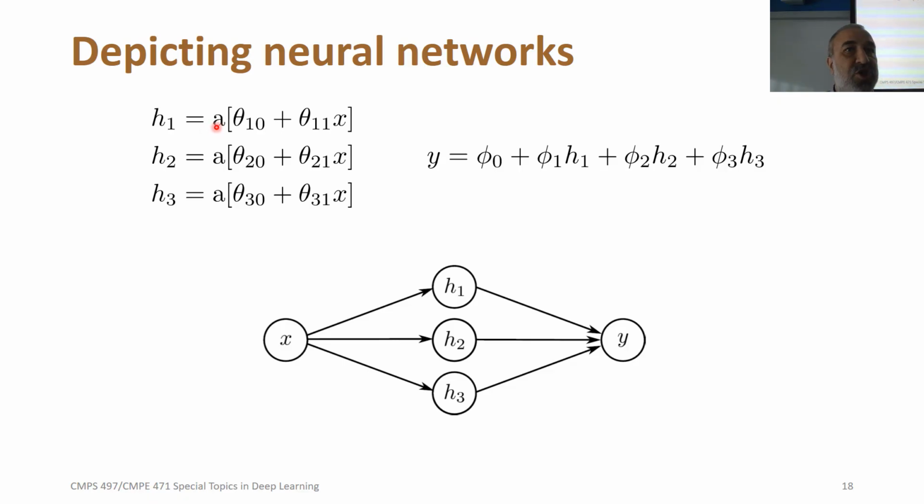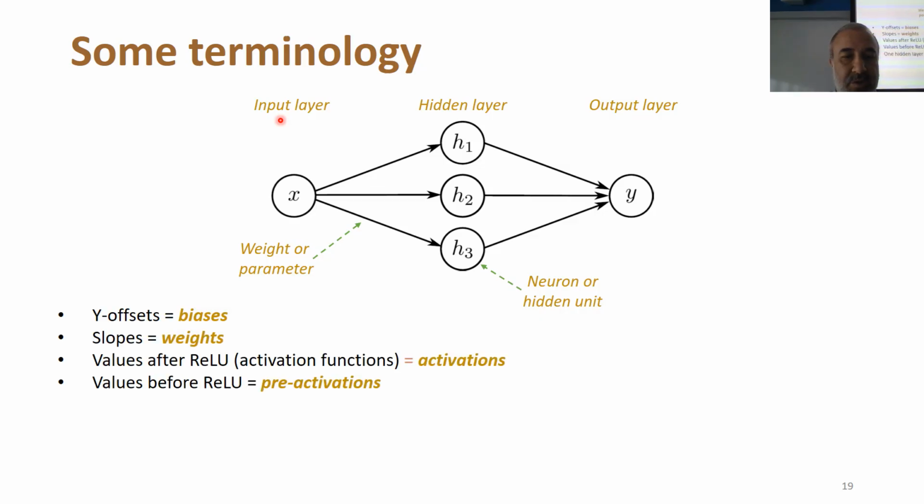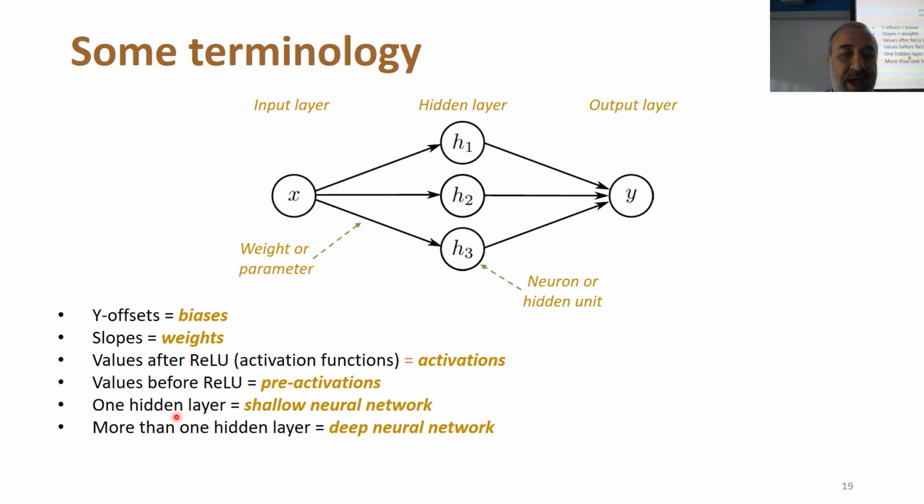Applying the activation function to it, we get the activation value. Before and after. And as we said, the shallow neural network is just one hidden layer. If we have more than one hidden layer, we call it a deep neural network.